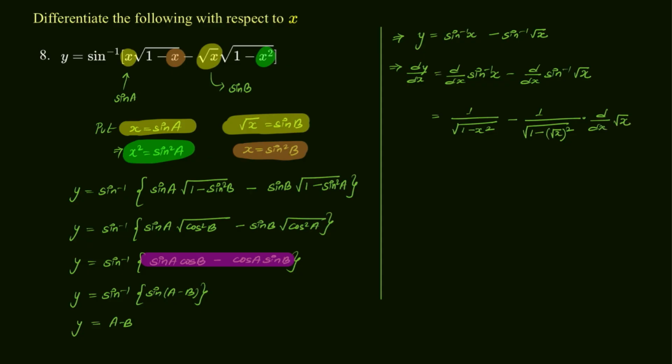So my final answer will be 1 by root over (1 minus x square) minus 1 by square root of (1 minus square root of x square, which is x) into the derivative of root x, which is 1 by 2 root x. So this is the final answer.